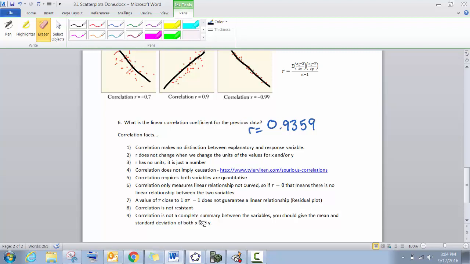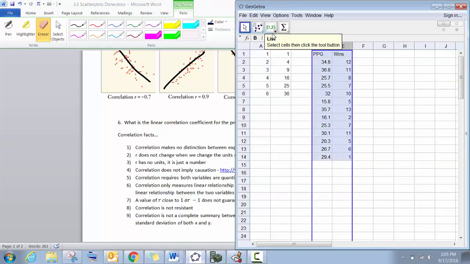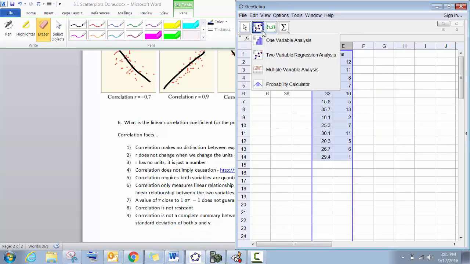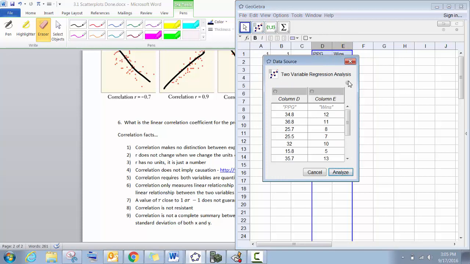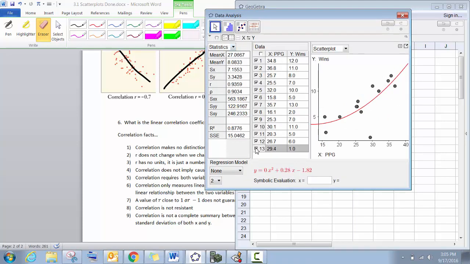Correlation is not resistant, meaning it does change with outliers or extreme values. And again, we'll talk more about that in the next section. But let's see, if you look at this, we got an R value of 0.9359.